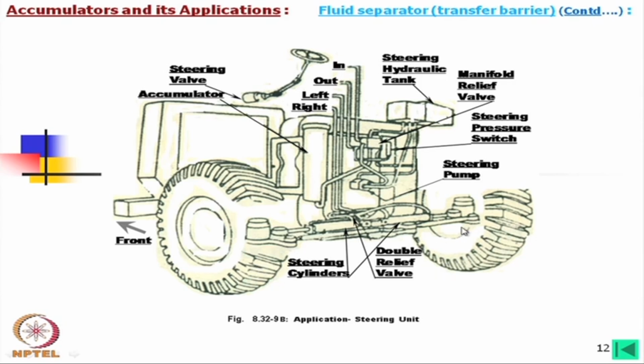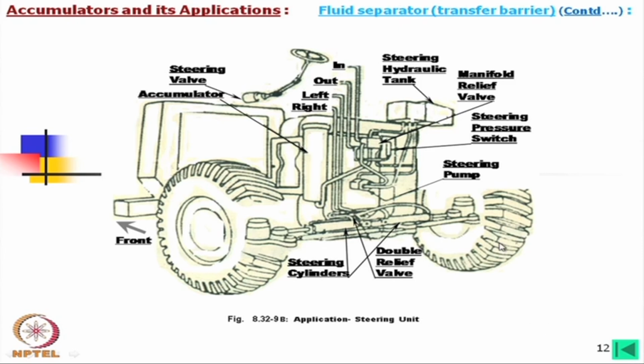So, it will not be very clear from looking into the system, but this is just a system shown to see how it looks. So, you will find usually these are not ordinary cars, these are usually off highway vehicles, where in the steering wheel you will find a huge load is required, and an accumulator is fitted to the system.